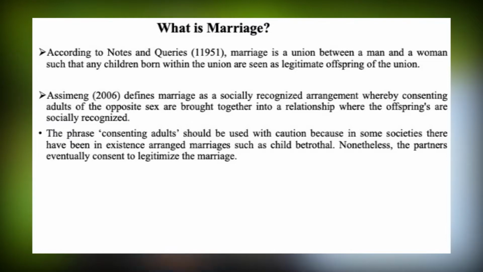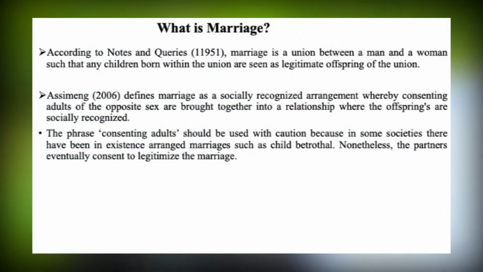Now, if you look at these two definitions, the focus is on a union between a man and a woman. That is, between people of the opposite sex who have gone through certain socially recognized procedures to be recognized as such. And the children born in that union are considered legitimate offspring of the union.